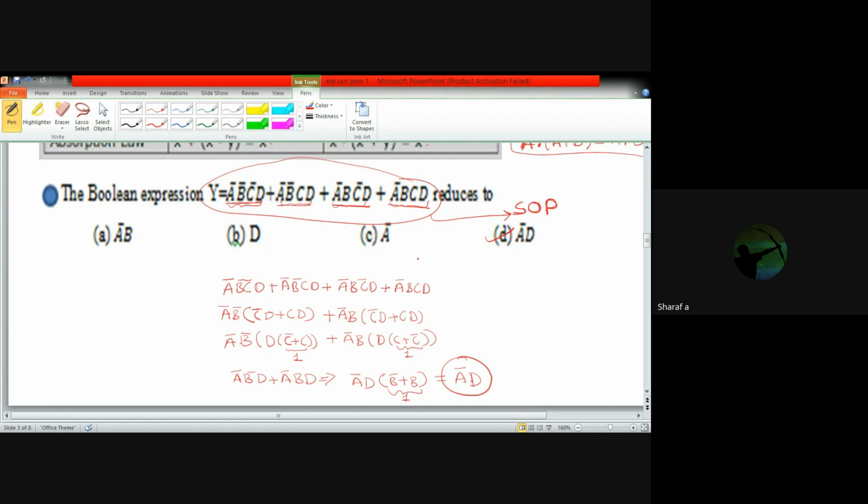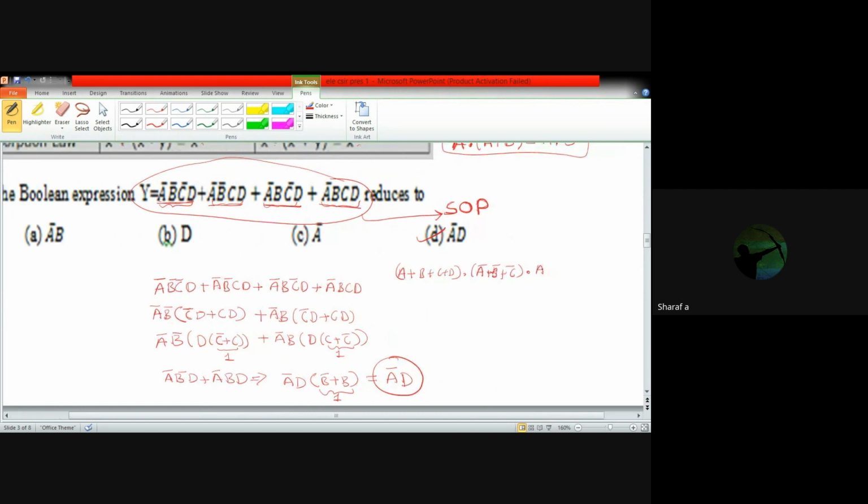At the same time, you can also write the expression like A plus B plus C plus D, then dot, sum A bar plus B bar plus C bar, dot A bar plus B plus C, something like this. So in this case, these terms are sums. They are just added, and in between them we have these dots.